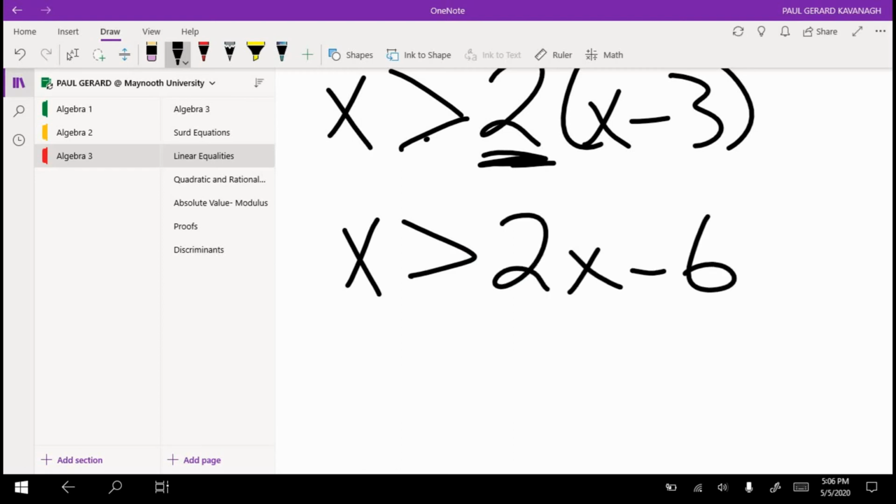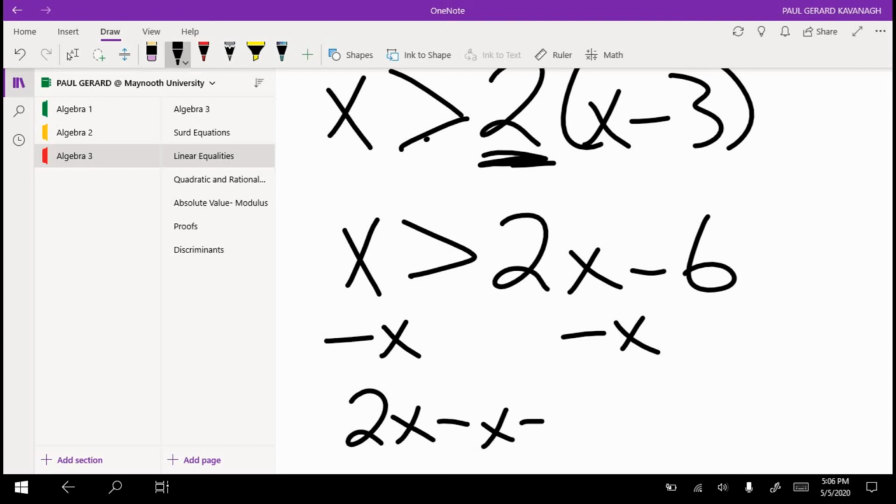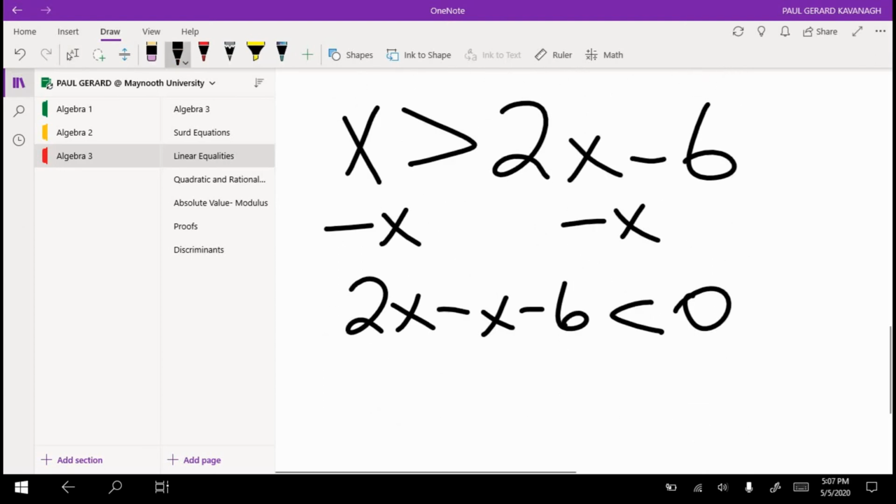And what we're going to say is minus x, minus x, so we know what we're dealing with here. So we're going to say minus x minus 6 is less than 0. Now just scroll down. So now we know x minus 6 is less than 0.